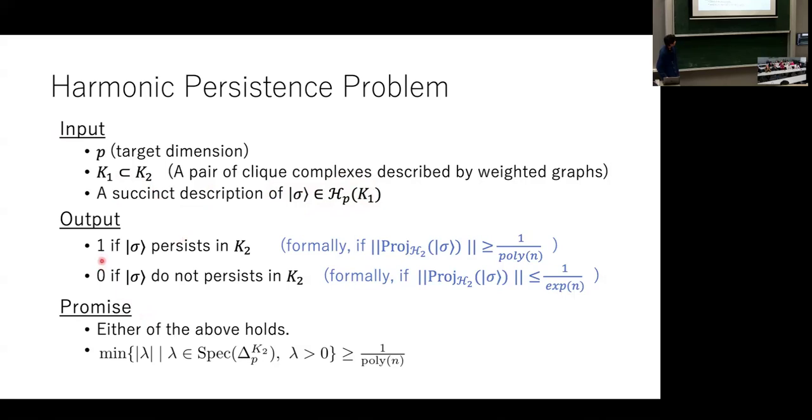The output is 1 if this is satisfied, and you have to output 0 in this other case. The promise is that either of those conditions holds, and it is also promised that the minimum non-zero eigenvalue of the combinatorial Laplacian of K2 is inverse polynomially large.